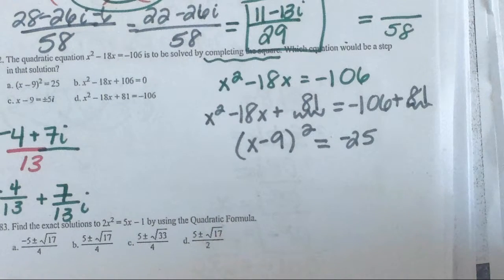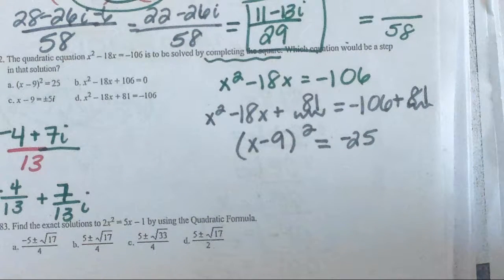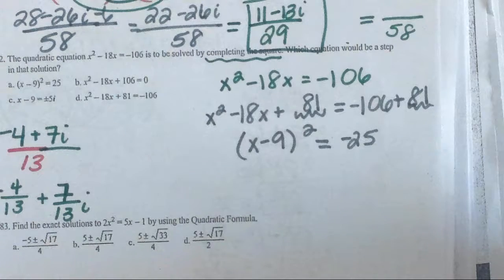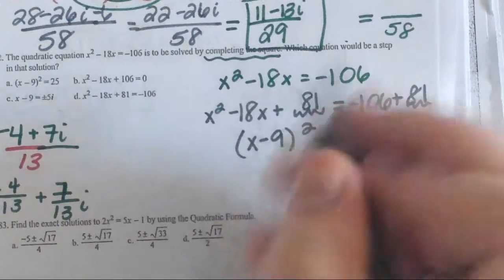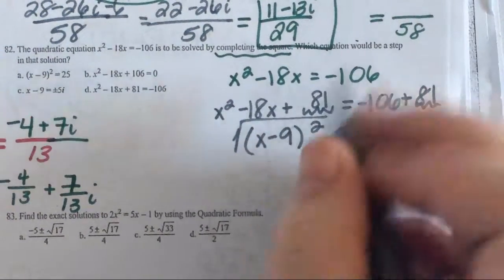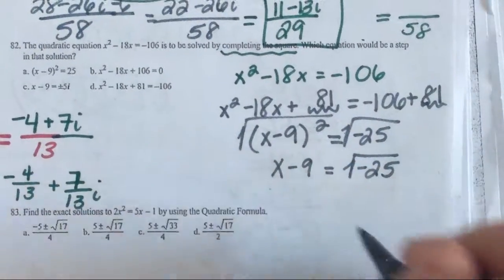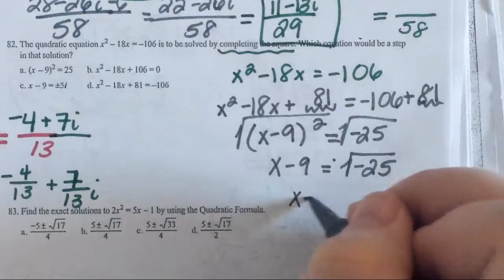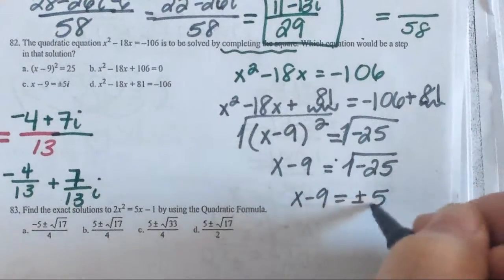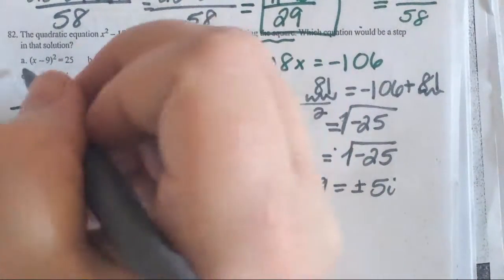So it can't be A. If we take the square root of both sides, we have x minus 9 equals the square root of negative 25. Hey, wait, that's really plus or minus 5i. So they are all correct. It is C.